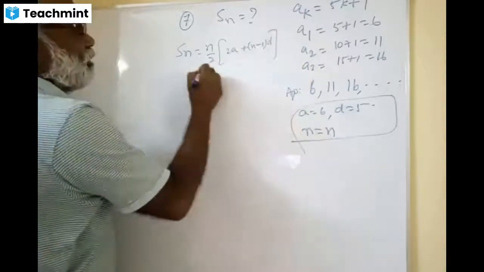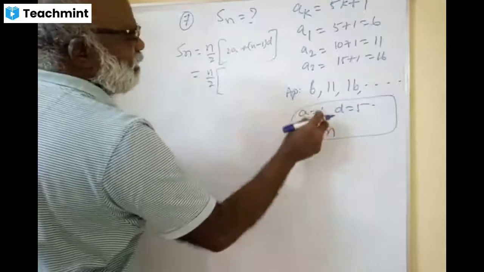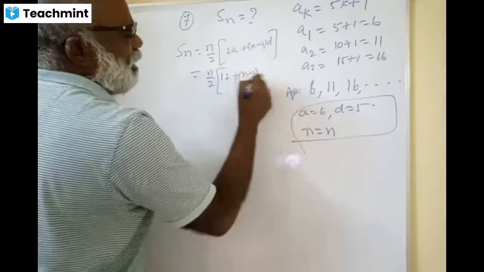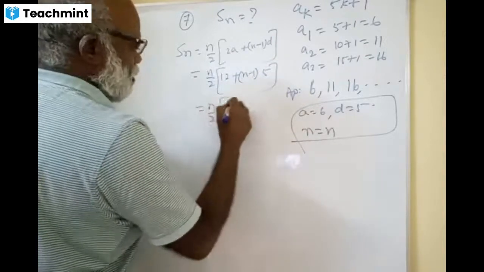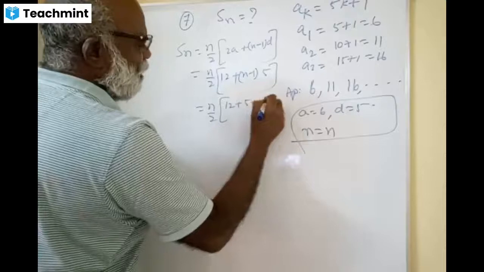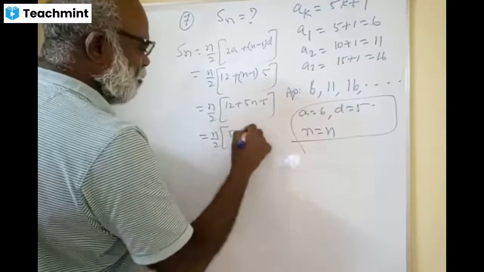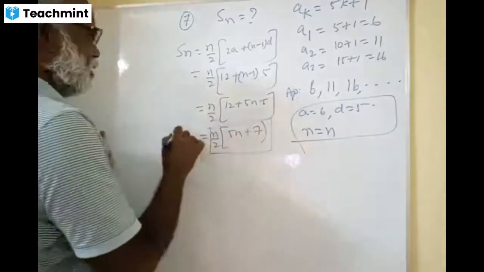Just put here and you get the answer. My n is n. 2a, a is 6, 12. N minus 1, d is 5. Brilliant. 12 plus 5n minus 5. N by 2 into 5n plus 7. That's all. This is your Sn.